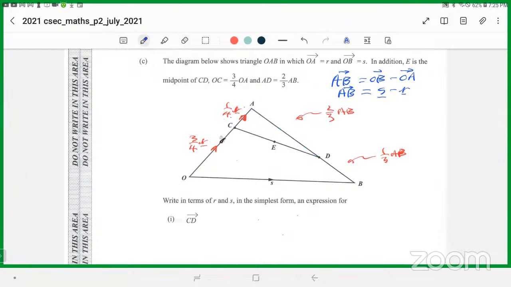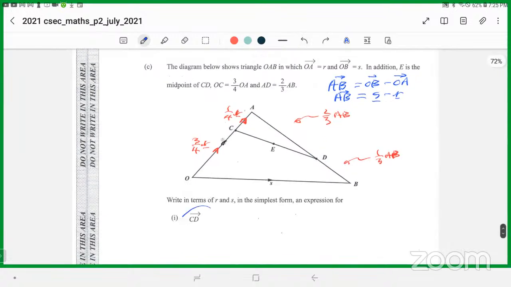I want to go from C to D. I'm going to come up to A first and then go AD. So the CD that I want is equal to C to A and then A to D. But this AD is actually 2/3 of AB.